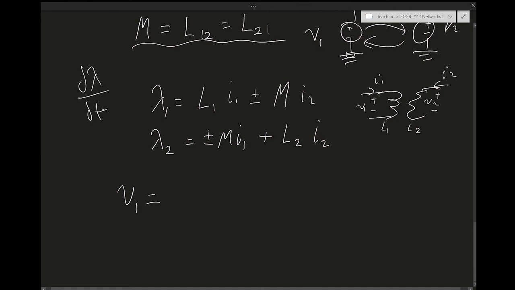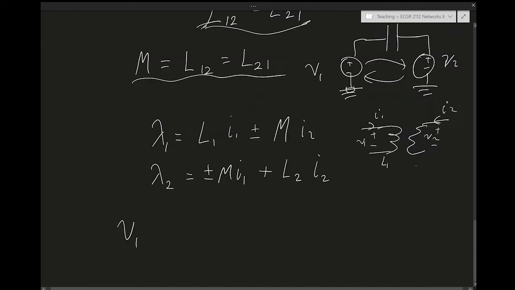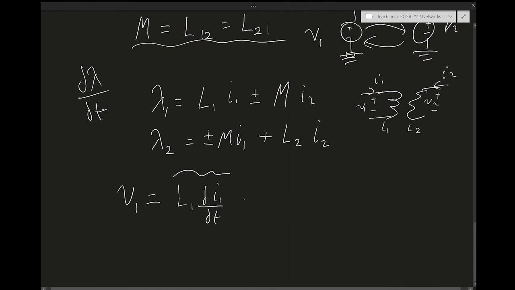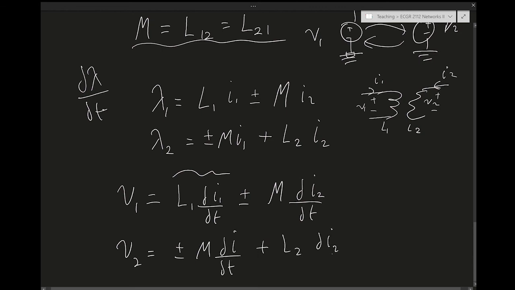So this gives me the circuit equations. V1 is going to be L1 di1 by dt, plus or minus an extra term that represents the mutual inductance, M di2 by dt, and then V2 is going to be plus or minus M di1 by dt plus L2 di2 by dt.